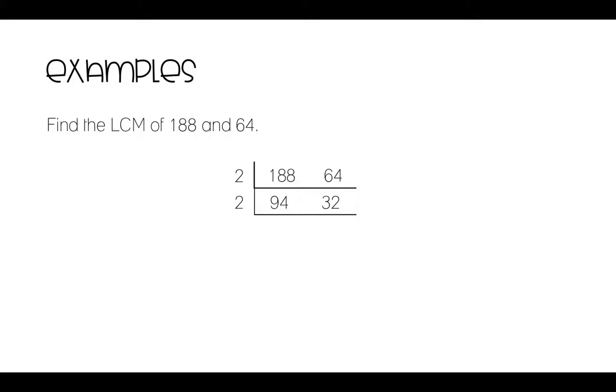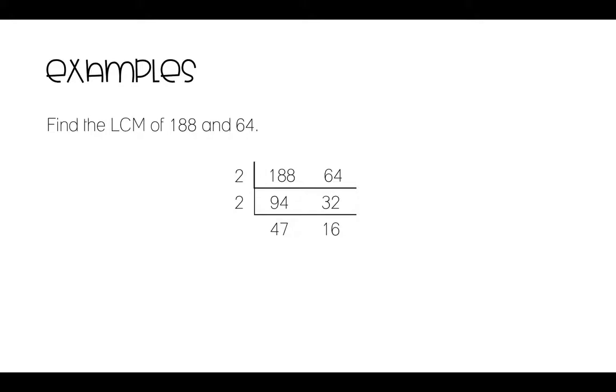Again, 2 goes into both of these, and it goes in 47 times and 16 times. Now 47 is a prime number, so we leave it there because we can't find another common factor of 47 and 16. So here, our highest common factor of 188 and 64 is 4, because 2 times 2.